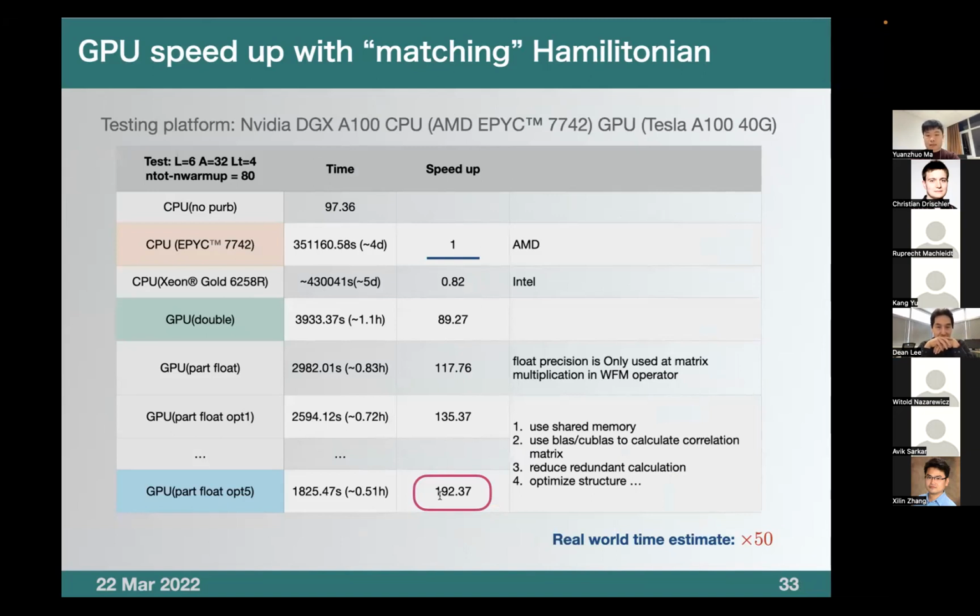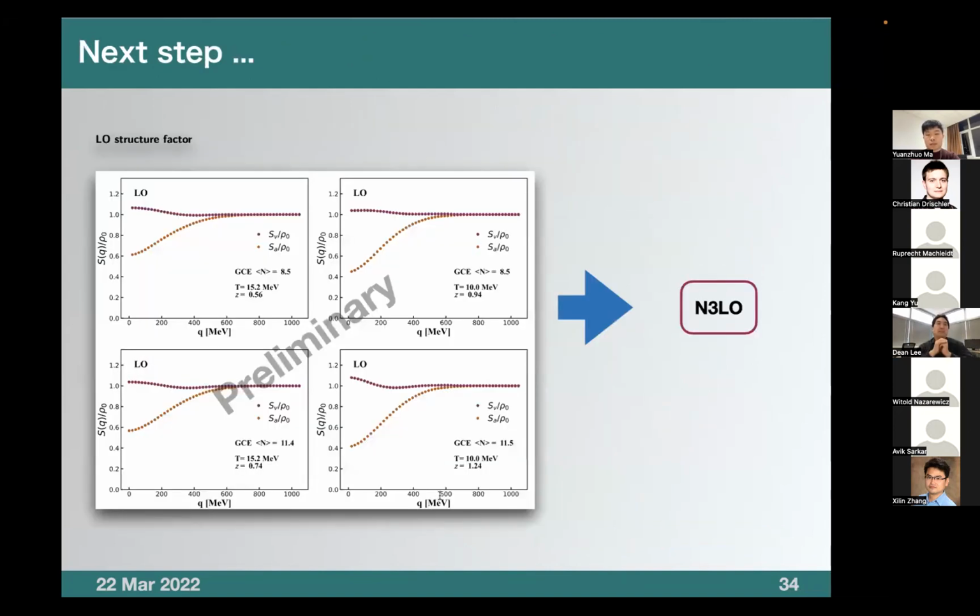So next, what we need to do is to generate that kind of data at N3LO.